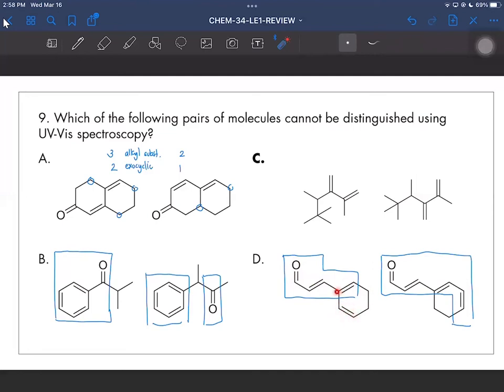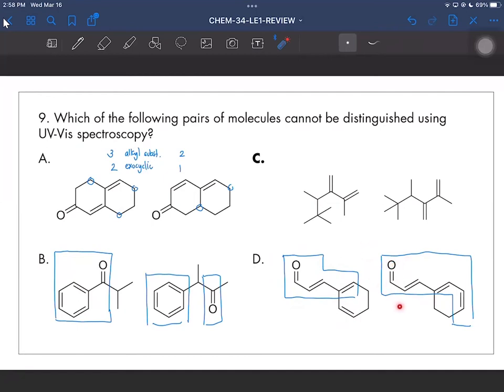It is not parallel with respect to these pi orbitals, and therefore this double bond is not conjugated with the conjugation system. Since magkaiba naman sila ulit ng conjugation system, these would be different. They would have different lambda max, and therefore can be distinguished sa UV-Vis. So the answer is letter C.